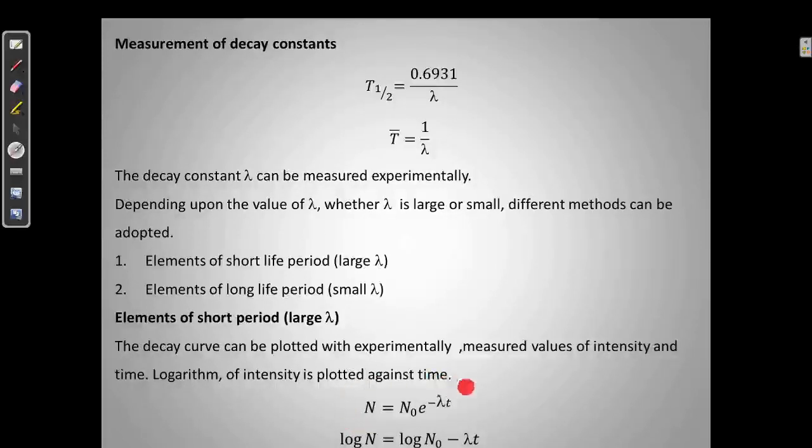You have the equation for N, the radioactive substance present at the current time, that is N equals N0 into e raised to minus lambda t. You should know these notations, what is N0, what is lambda, etc. Then we can take log N equals log N0 minus lambda t.